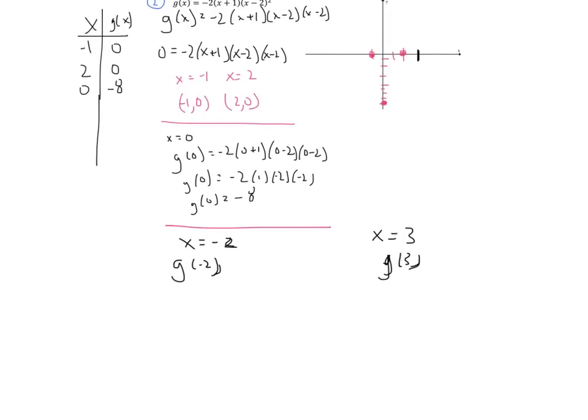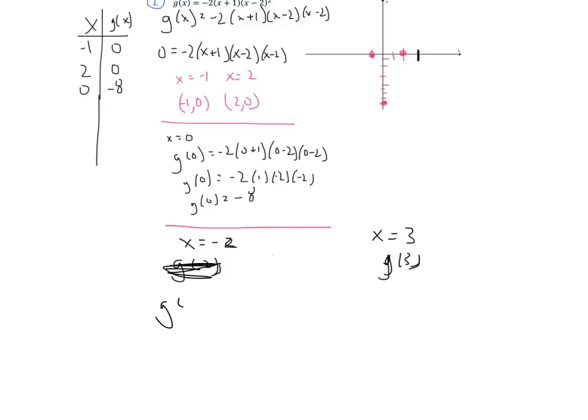All right, so g of negative 2. You should have negative 2 times (negative 2 plus 1) times... I'm going to run out of room, aren't I? Let's try this again, a little bit lower. Let me start this over.